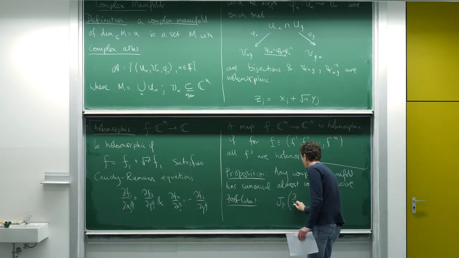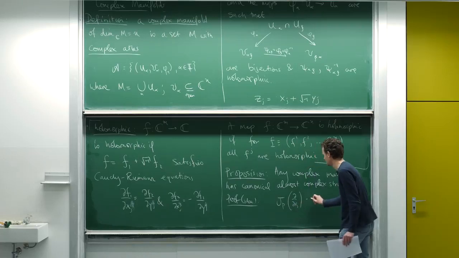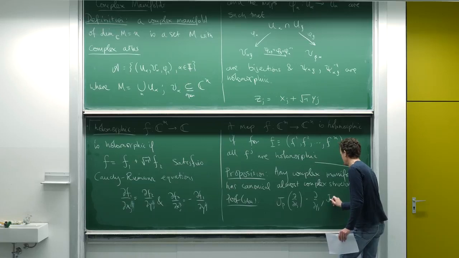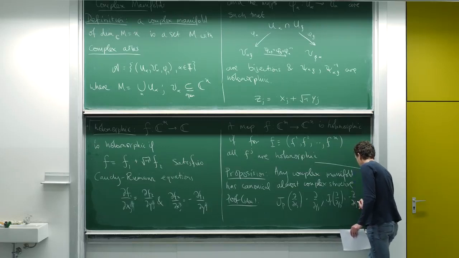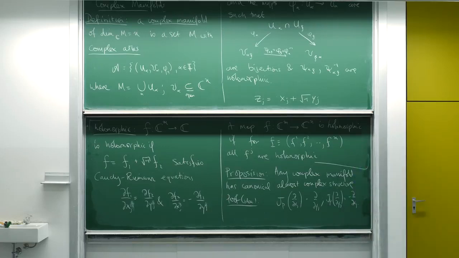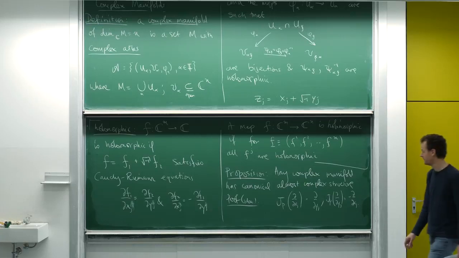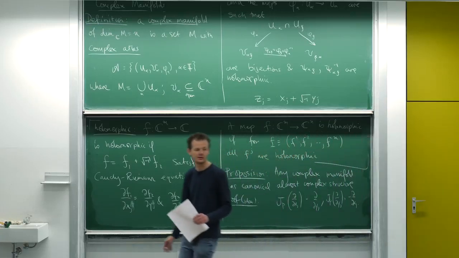I mean, you have the coordinates d/dx_j at your disposal, and you have the coordinates d/dy_j at your disposal. So you just define on tangent space that linear operator.